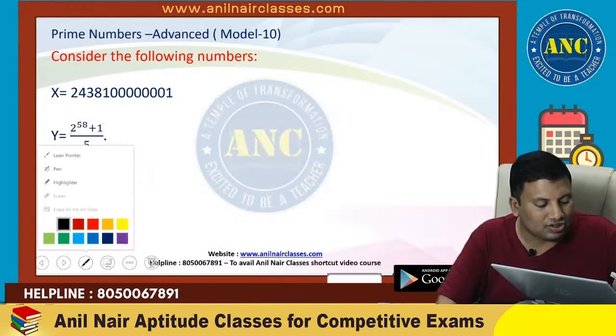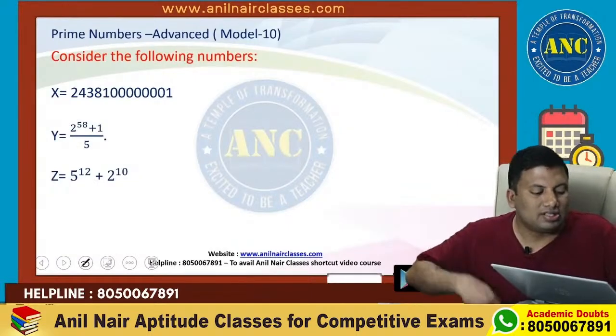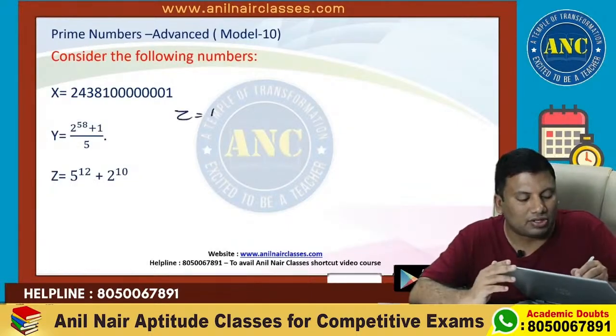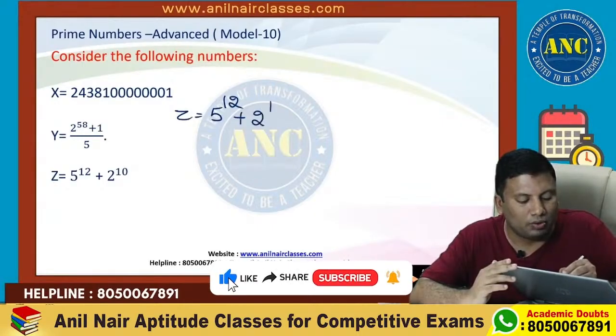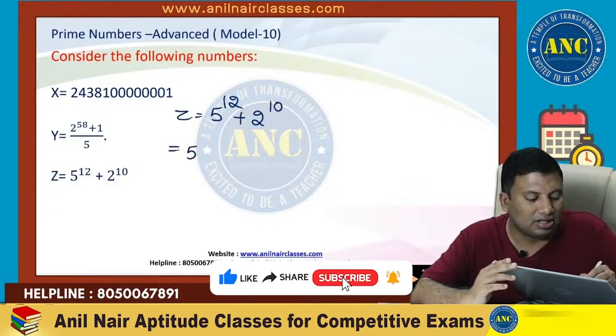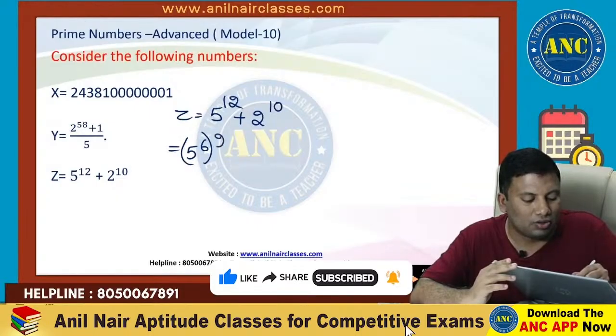Idea clear? Next one. Z is equivalent to 5^12 + 2^10. This is nothing but (5^6)^2 plus (2^5)^2. a^2 + b^2 is (a + b)^2 - 2ab. So (5^6 + 2^5)^2 - 2 into 5^6 into 2^5.